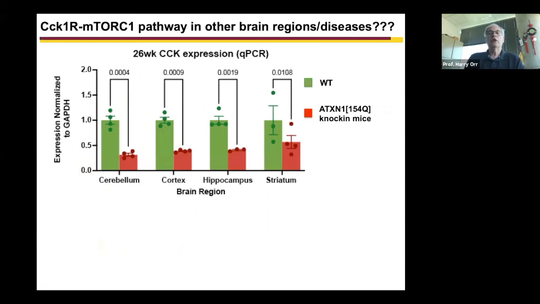In closing, we've just recently found that in the 154 SCA1 knock-in mice, there's a reduction in CCK expression, not only in the cerebellum, but in other regions affected by expression of the mutant ataxin 1 protein: the cortex, hippocampus, and striatum.